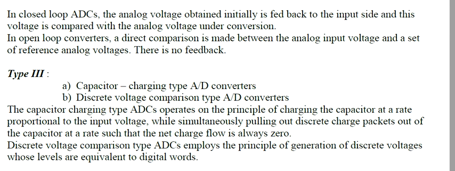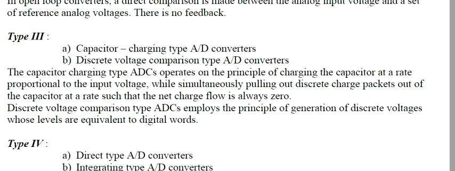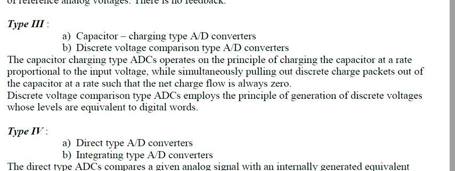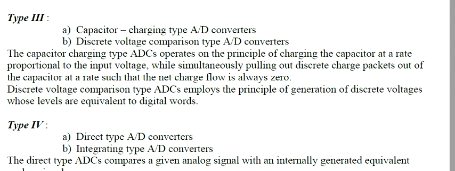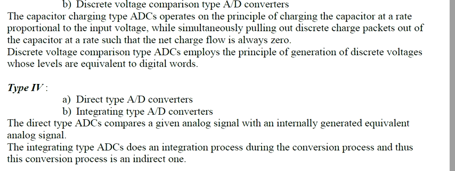Type 4 includes direct type and indirect integrating type analog to digital converters. The direct type compares the given analog signal with internally generated analog signals. The integrating type performs an integration process during the conversion, thus the conversion process is an indirect one.